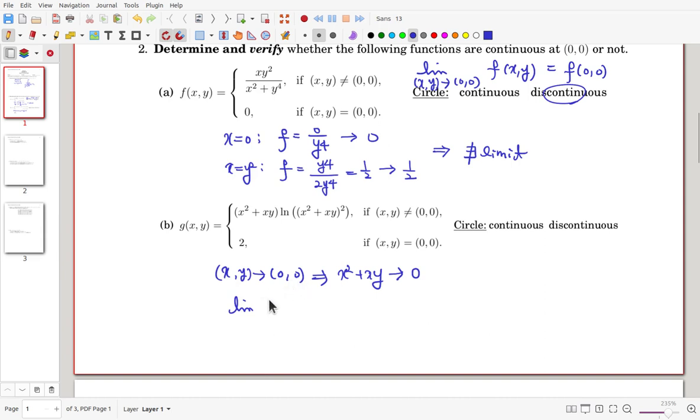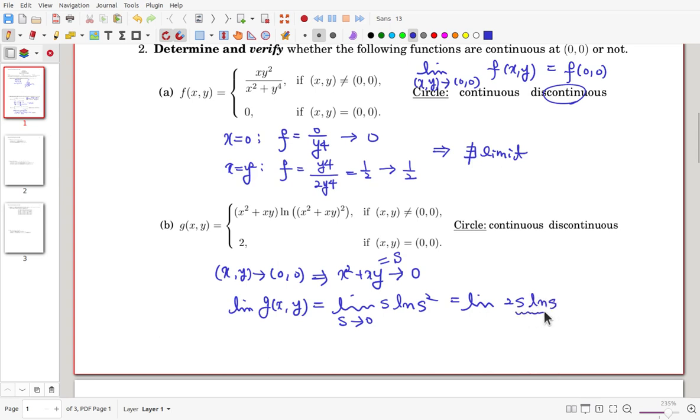So the limit as x, y approaches 0, 0 of g of x, y is the same as, now we try to use a new variable s, then s approaches 0, and we have s and logarithm s squared. That is the same as the limit of 2s logarithm s.